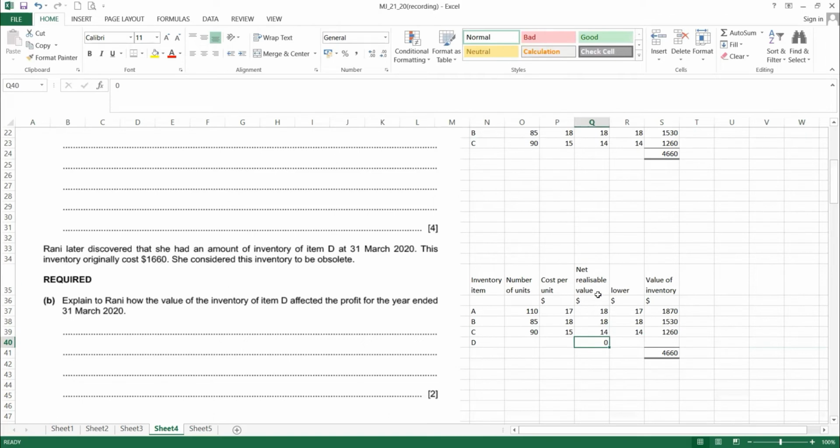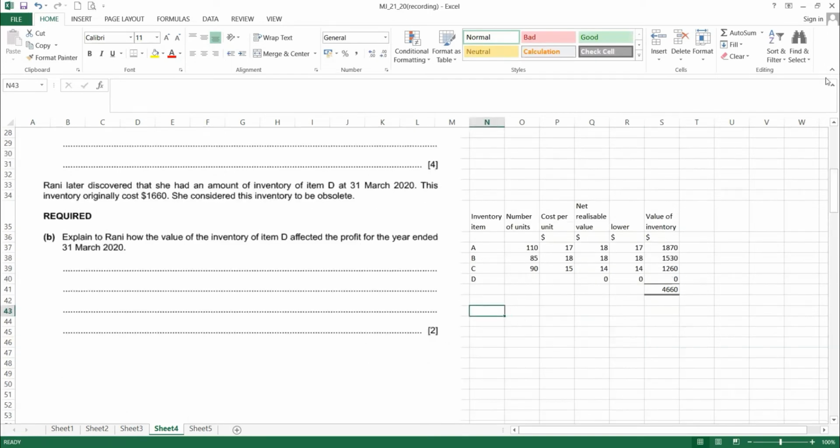The net realizable value is 0, so in this case we should choose the 0 times the quantity. Therefore, you will get back 0. So you notice that when you add in the 0, the value of the inventory still will not change.